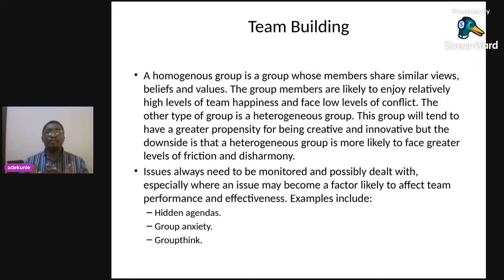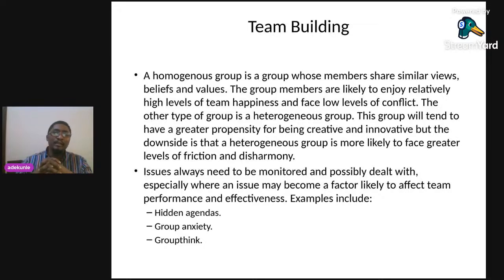In a heterogeneous team, issues will always arise, and those issues that arise need to be closely monitored. And of course, when they arise, they should be decisively dealt with, especially where an issue will become a factor that might likely affect the overall team performance.